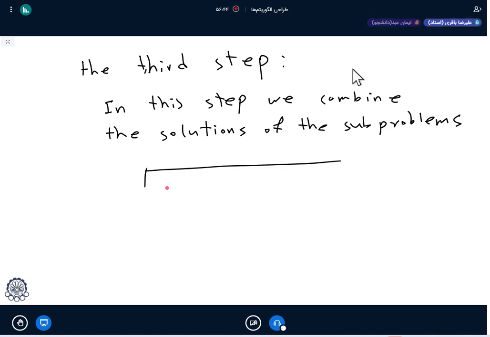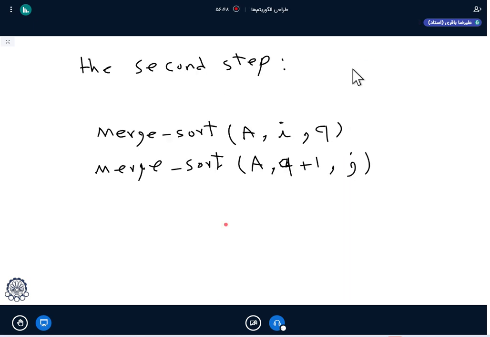In the second step, we recursively called merge sort for the first part and merge sort for the second part.